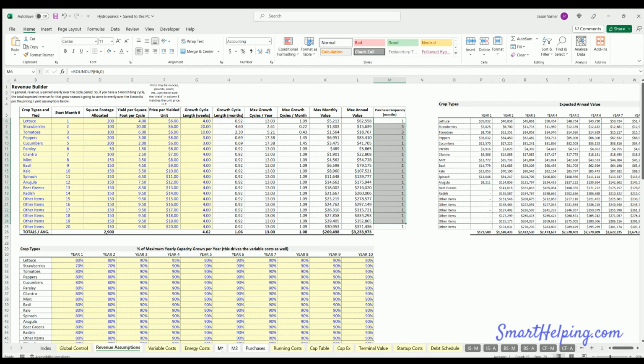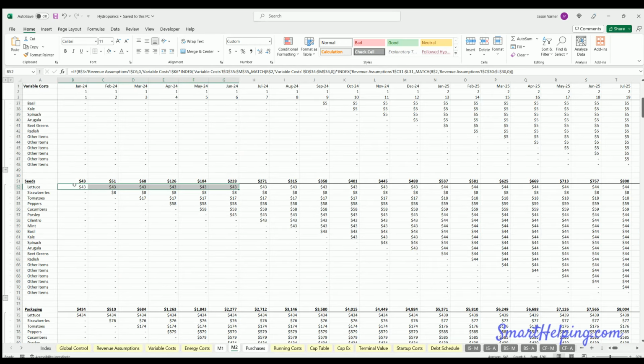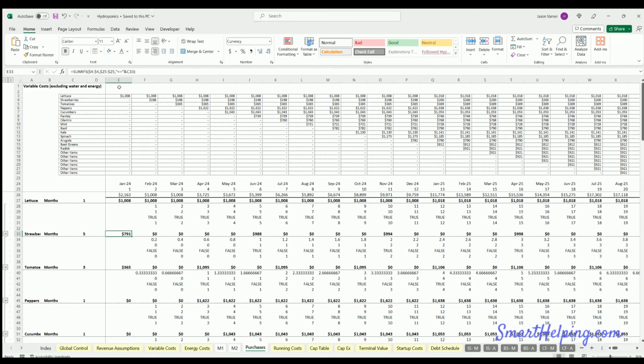And then what would happen is these costs that are happening every month on average based on the growth cycle and the total cost per growth cycle would just pop in every month. If you want to think about it that way, you could just put 1 in for everything, but this is a little bit more accurate way to track the purchase requirements for cash flow.